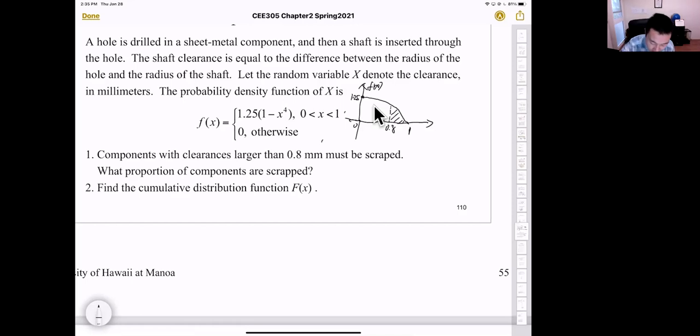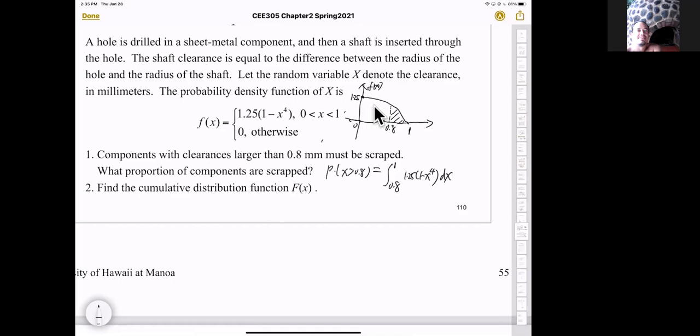So P(x larger than 0.8). What we do is the integration from 0.8 to infinity, but only to 1, because larger than 1 there is nothing. And fx is 1.25 times this, dx.